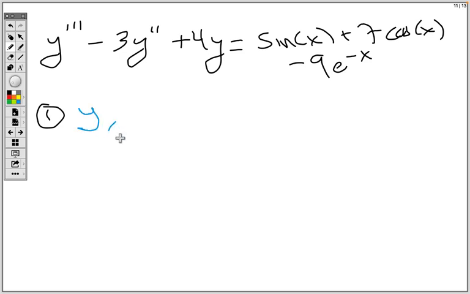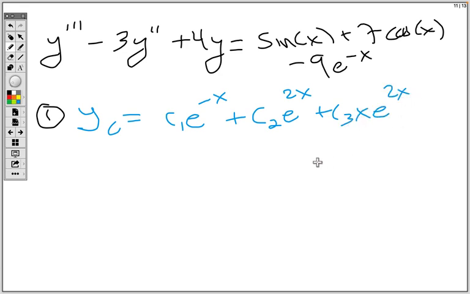So the YC would be the solution to this differential equation set equal to 0. We had C1 e to the minus x plus C2 e to the 2x plus C3 x e to the 2x.